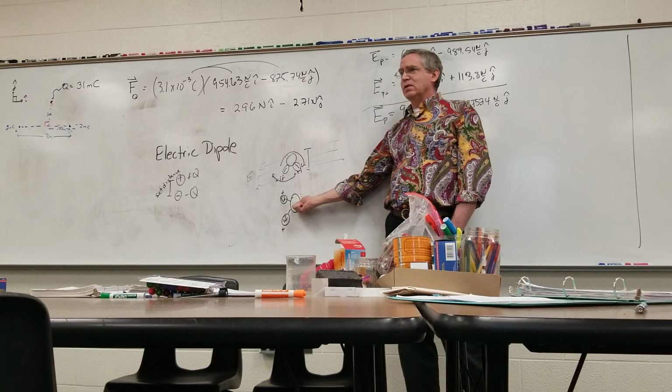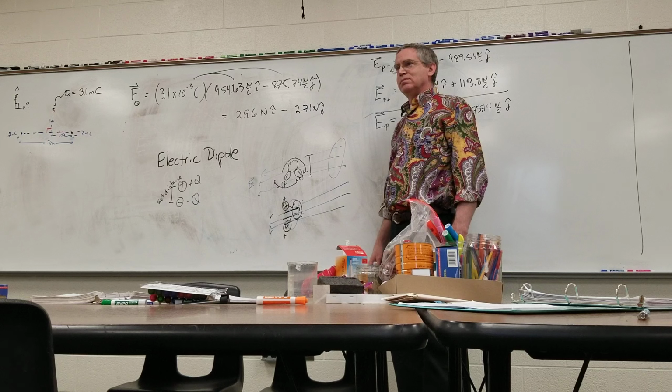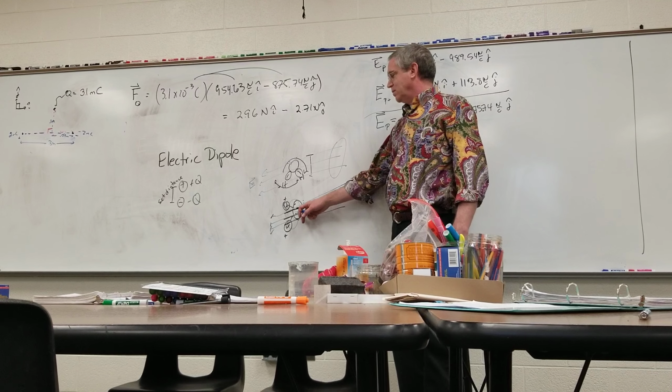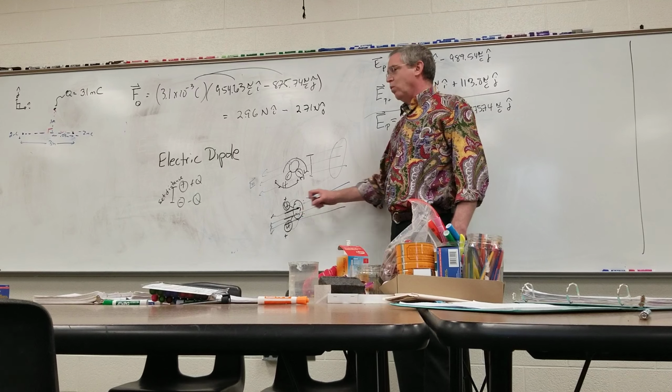So we end up with this external electric field going sort of to the left and down, and this smaller internal one going up and to the right. So what is the net electric field here compared to here? Smaller, going that way. Yes. So what a dipole has a habit of doing is it causes the electric field to go down locally.